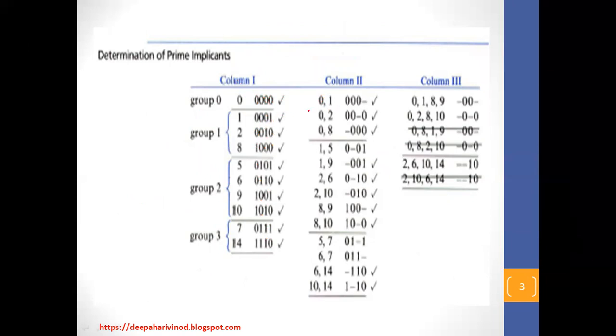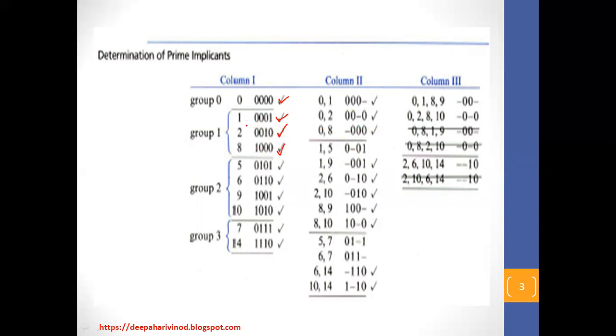Then 0 and 2 also differ in only one bit. I can mark a tick over 0 because I have compared it. 0 and 8 can also be compared, and it is written here.